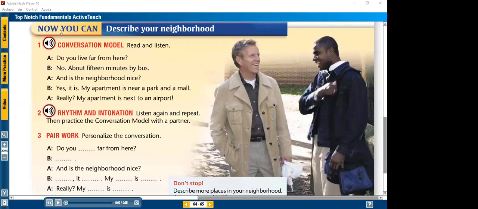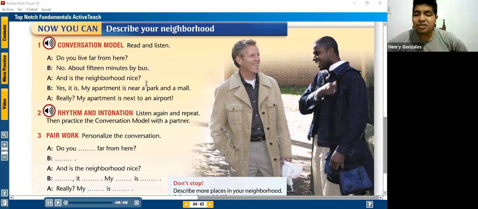And is the neighborhood nice? Yes, it is. My apartment is near a train station. Really? My apartment is next to a bank. Okay, yeah, fine. Okay, thank you so much, Maigua and Juan.